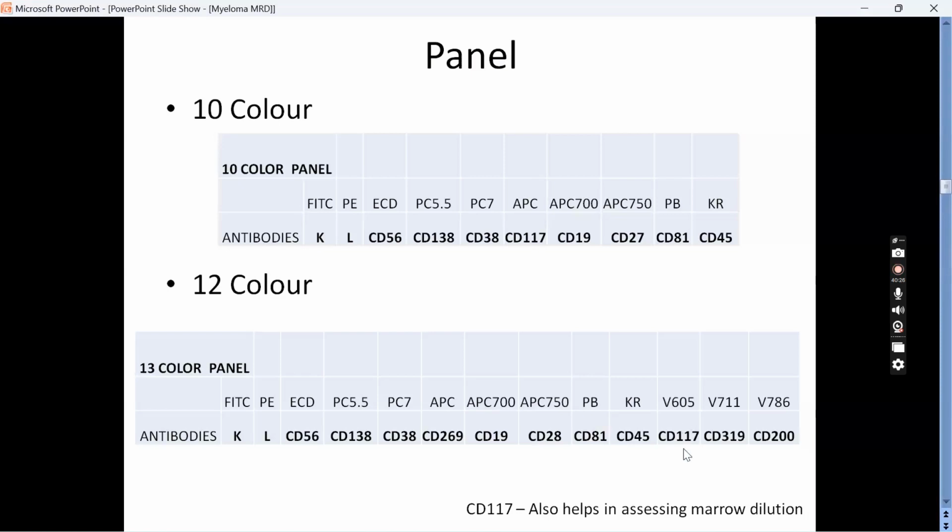The other beauty of CD117 is that it can also comment on dilution, whether the marrow has got diluted. CD200 will be very bright in plasma cells. And one beautiful marker is CD56, which most of the time helps us. CD56 will be positive in abnormal plasma cells, whereas negative in normal plasma cells. CD138 will help us as a gating marker, and kappa lambda will help us check the restriction of light chain. And remember, mark my point, kappa lambda can also be used as a gating marker, which I'll show you today.